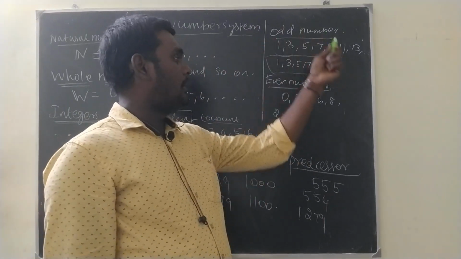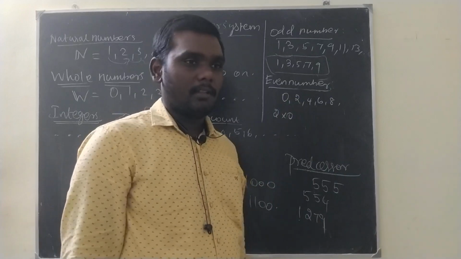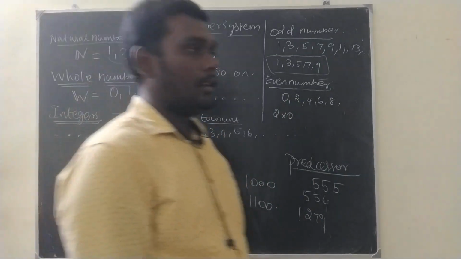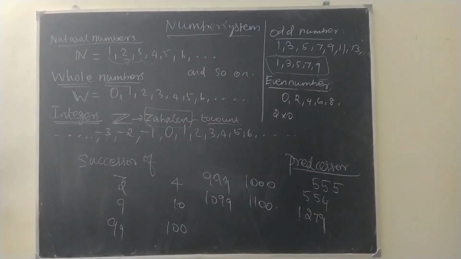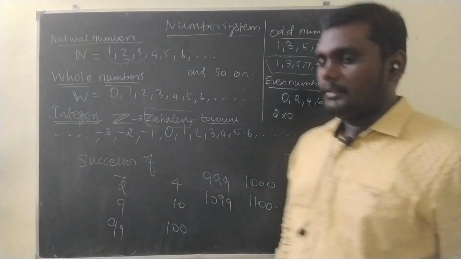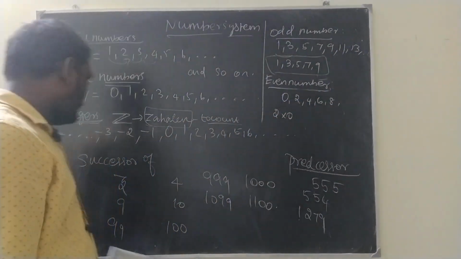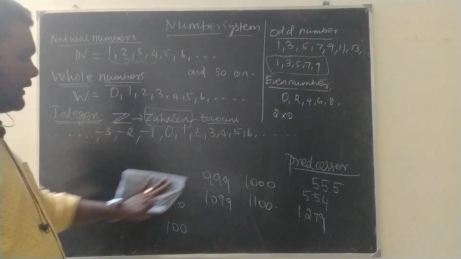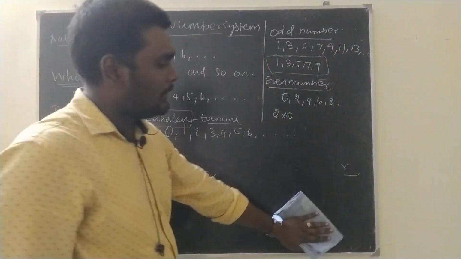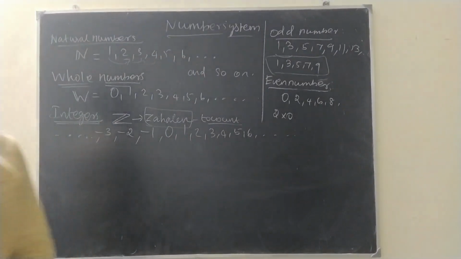Okay. Now come back here. We classified all these natural numbers. Now, the important thing, the integers we are going to classify. The integers are usually separated into two sections. One is positive numbers, another one is negative numbers.